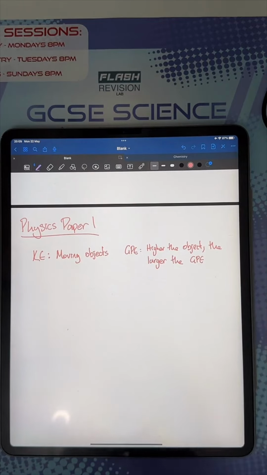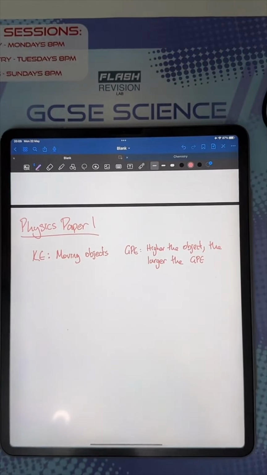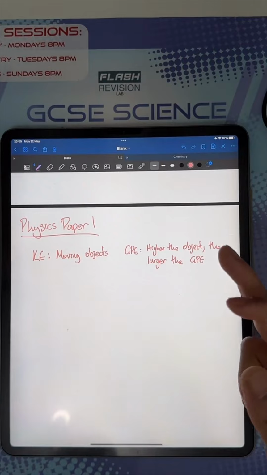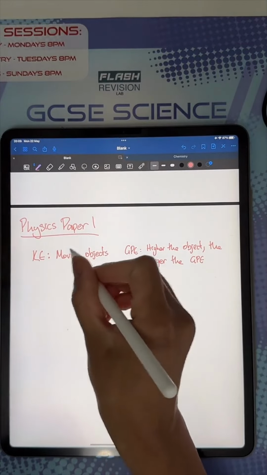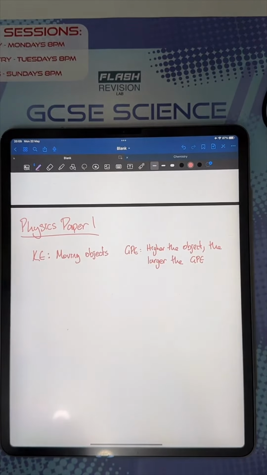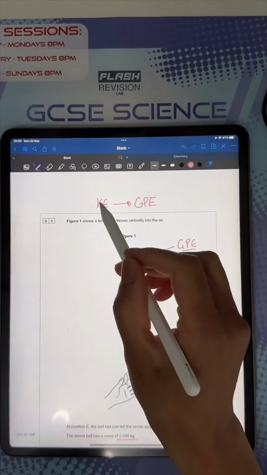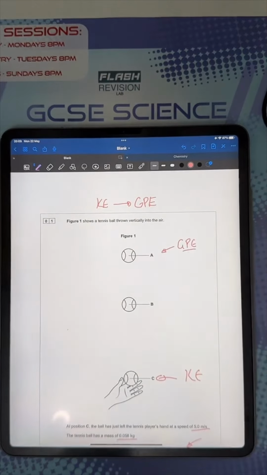The ball is slowing down as it's moving upwards, right? And the other thing is it's getting higher. So its movement is decreasing. So that means its kinetic energy is decreasing, but it's getting higher. So its GPE is increasing. That's because its kinetic energy is being converted into gravitational potential energy.